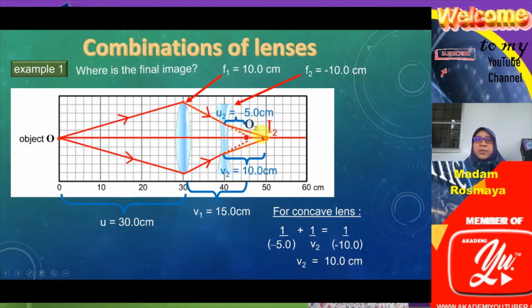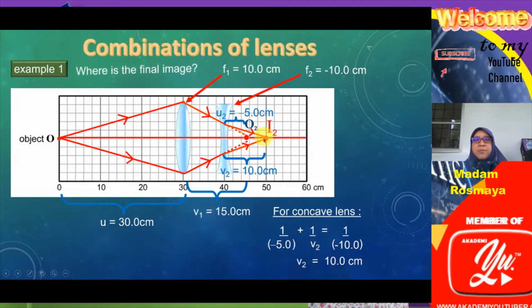This is the actual ray. It is supposed to be refracted away from the normal after passing through the concave lens. And don't forget to draw the arrow. The solid line represents the ray that should travel along this path, and the dotted line here is the imaginary ray for the first image formed after passing through the convex lens.